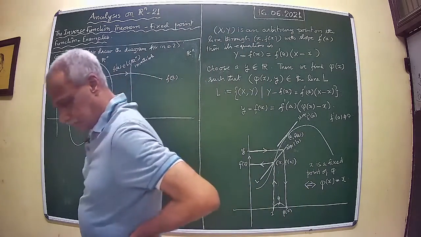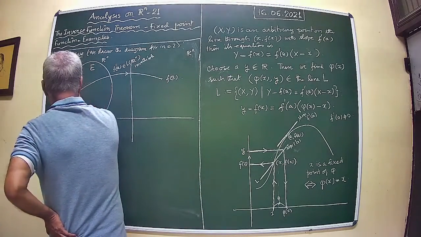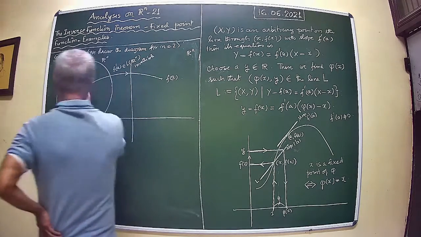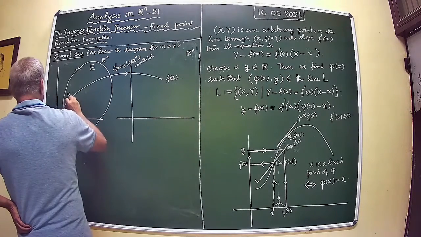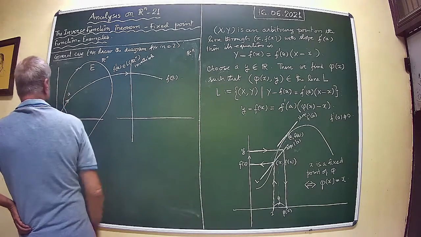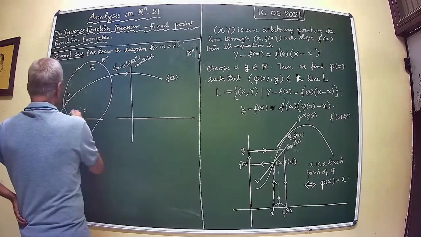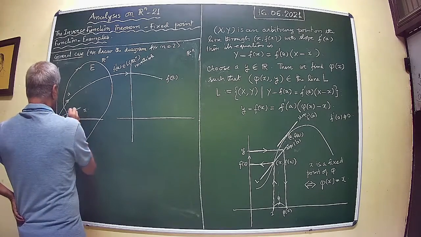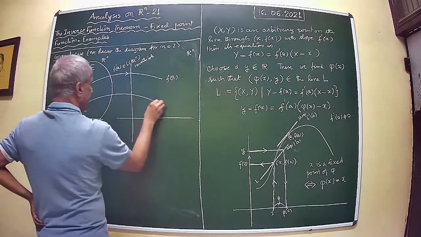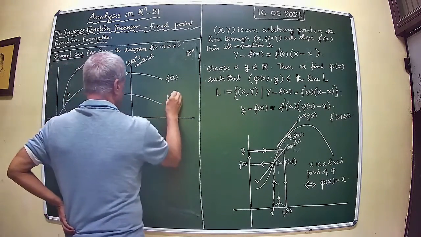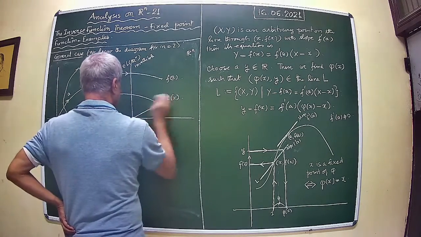Now what do we have? I can take A closer to this. So this is the vector. Now you take an x, and this vector is mapped by F to Fx.